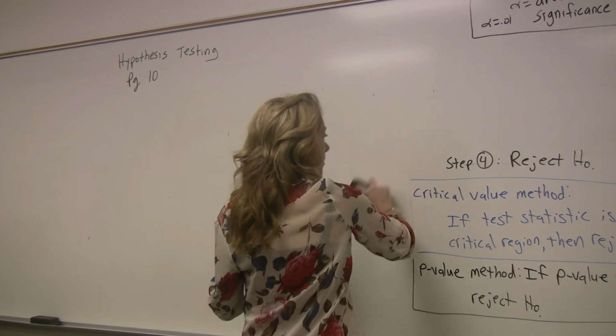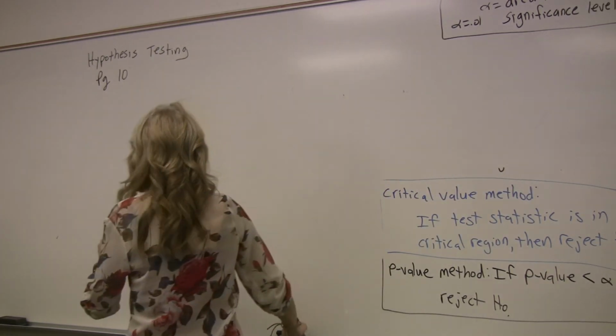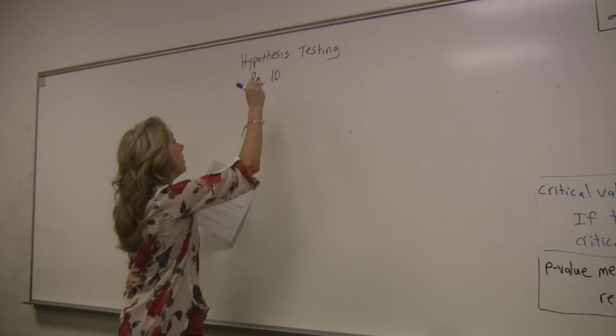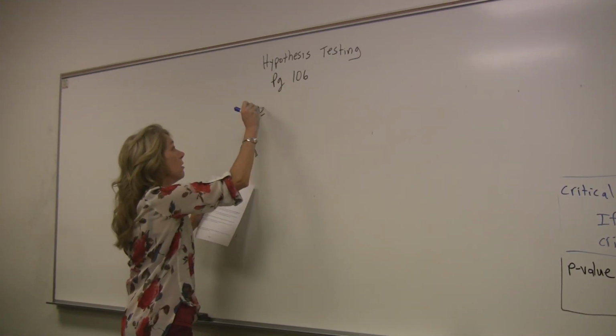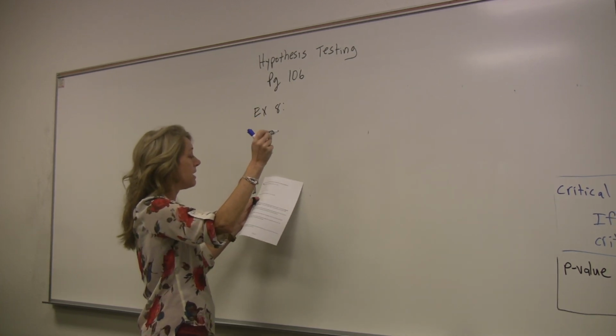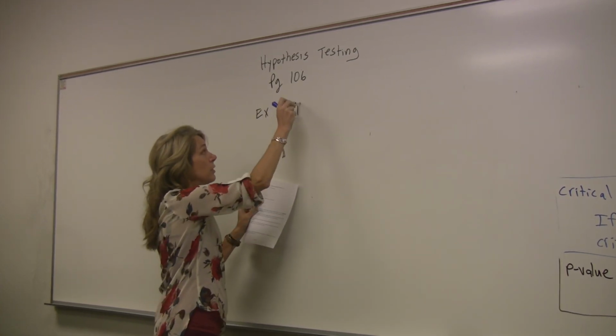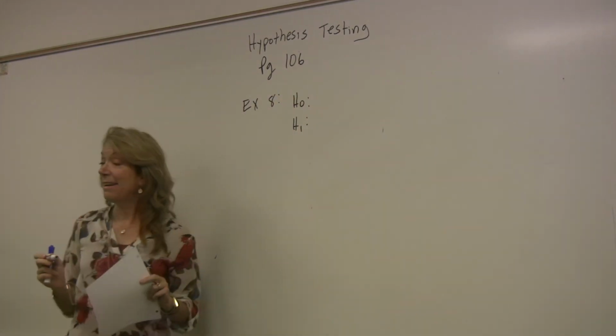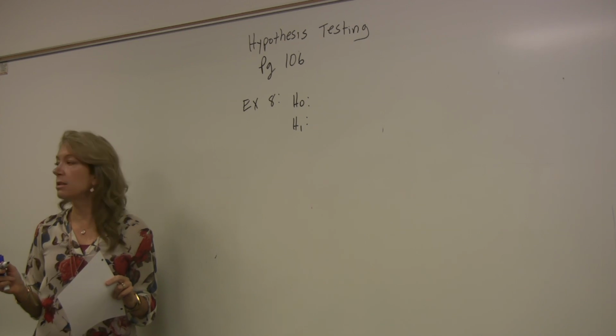Maybe we'll do the p-value method first this time. Example 8, I have a two-tailed test. So I don't know anything about H0 and H1, or do I, if it's a two-tailed test?